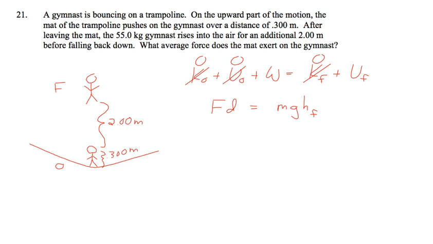The question is asking, what average force does the mat exert on the gymnast? I'm looking for that, so I just need to move the D to the other side.